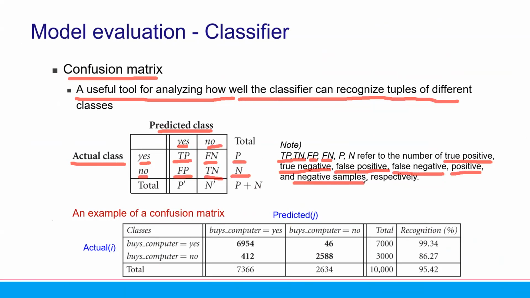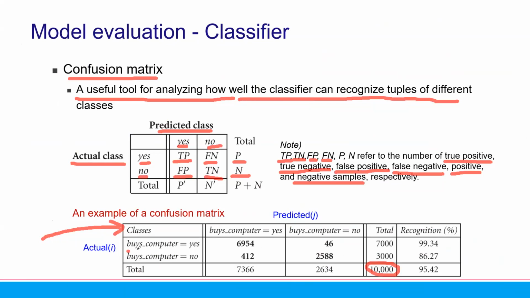Okay. So for example, let's say I have 10,000 data. Among the 10,000 data, I got this confusion matrix. Same as the previous one we learned from the small example, now we have a lot of data.